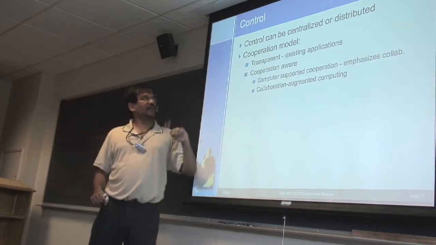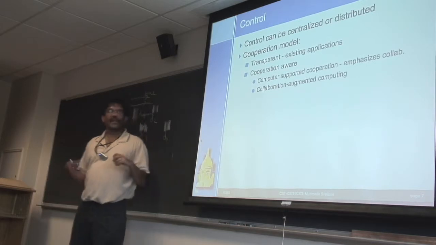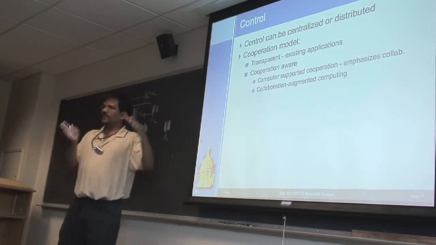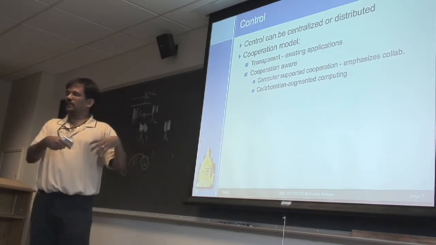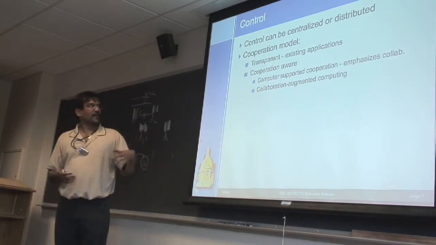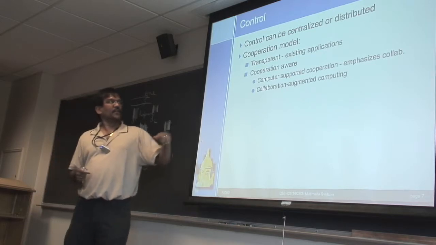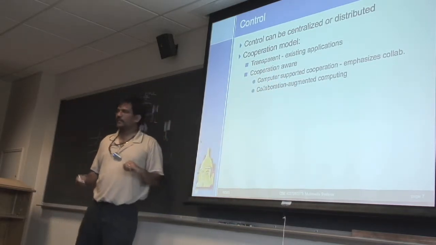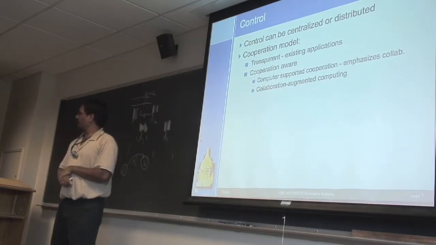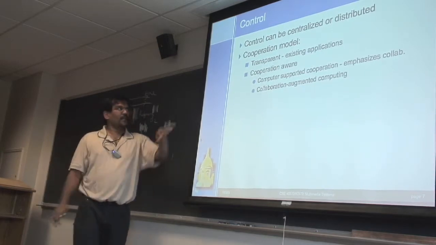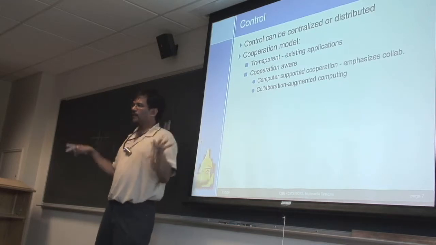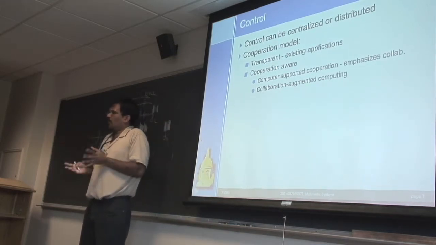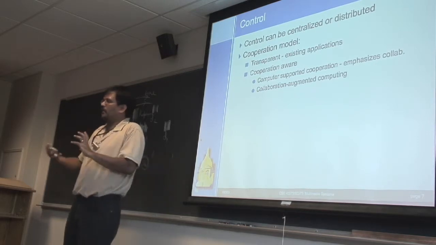In terms of the cooperation, you can have cooperation where the primary aim is the cooperation with the computer. So it either emphasizes the collaboration or it emphasizes the computing component of it, right? And in both these systems, you are aware that there is collaboration. You're aware that there's stuff going on, and it depends on how you feel about it.